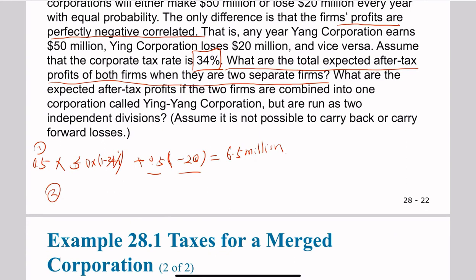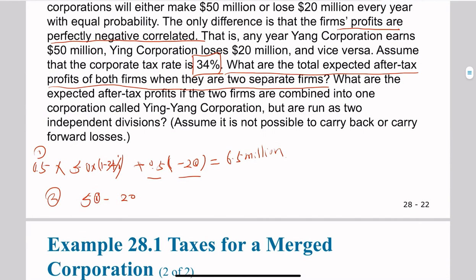So the combined firm's profit should be 50 minus 20, right? And you can see that if the young firm loses $20 million, then the other firm will earn $50 million, right? So in each year, we'll have the same amount. It's always $30 million.